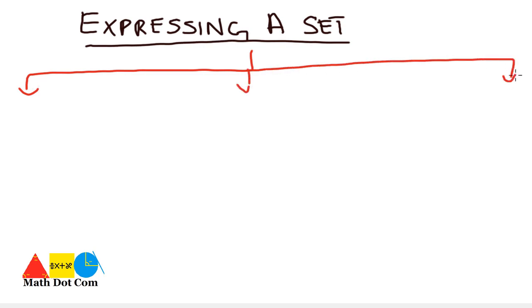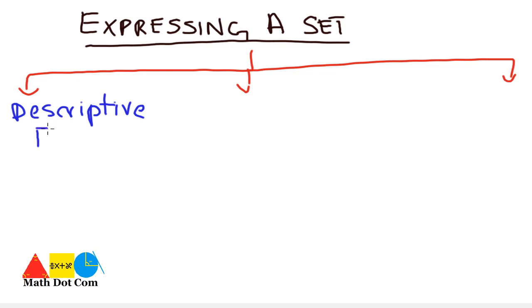We have already discussed in our previous lecture of sets that there are two forms in which a set can be expressed. Let's see what those were, and we are going towards a more advanced version of expressing a set. We have already seen the descriptive form of set.